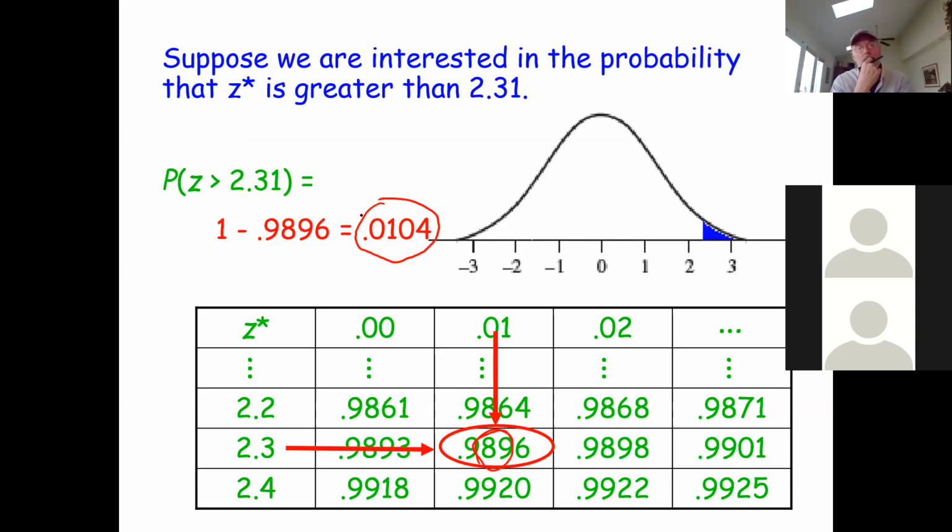It's the area to the right of 2.31. Is that a very, very low probability? Yeah, it's really low, right?